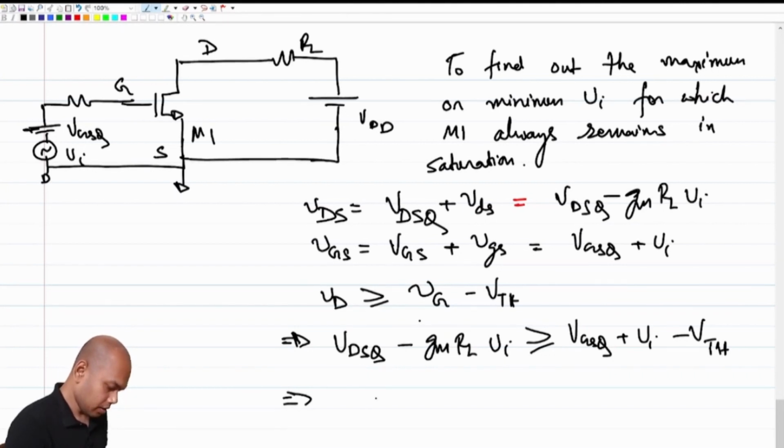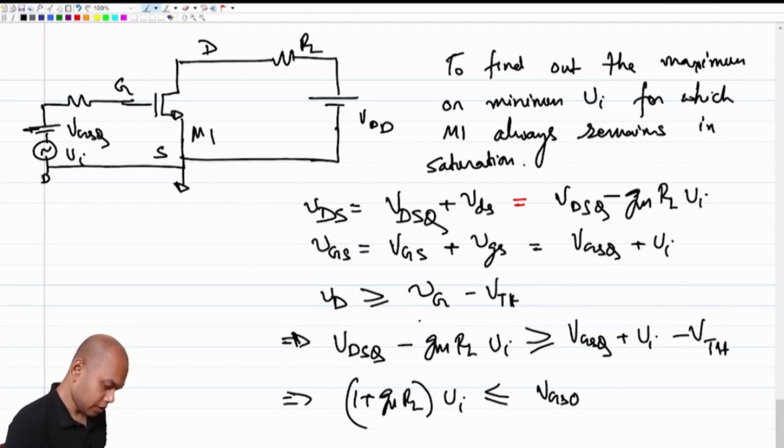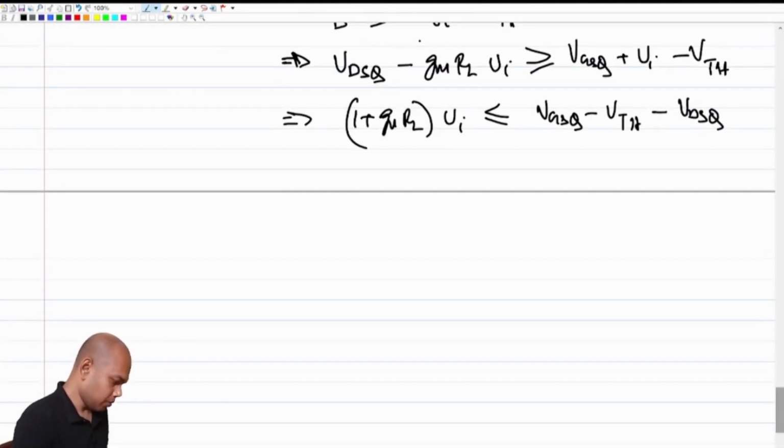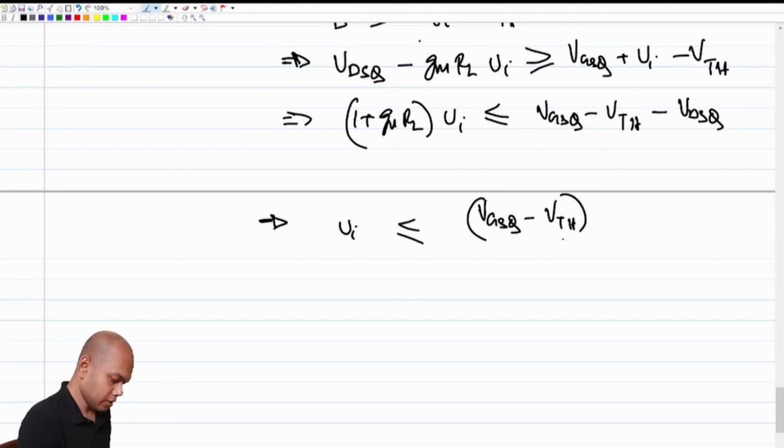Which means 1 plus Gm RL times Vi should be less than or equal to VGSQ minus threshold voltage, which is the DC overdrive, minus VDSQ. This boils down to Vi should be less than VGSQ minus threshold voltage minus VDSQ, divided by 1 plus Gm RL.